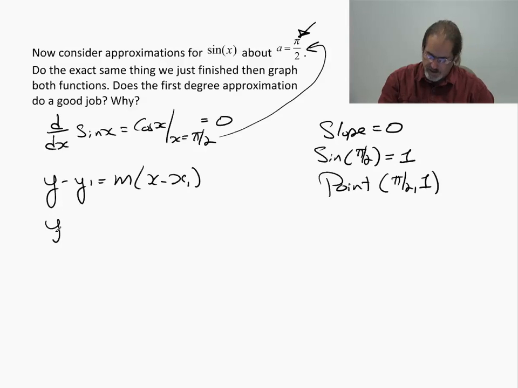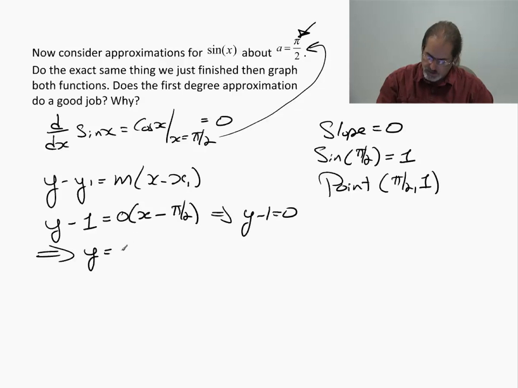Well, y1 is 1, so y minus 1 equals the slope, which is 0, times x minus x1. Oops, I'm sorry, x is x, and x1 is pi over 2. Well, that tells me that y minus 1 equals 0, or that y is equal to 1.